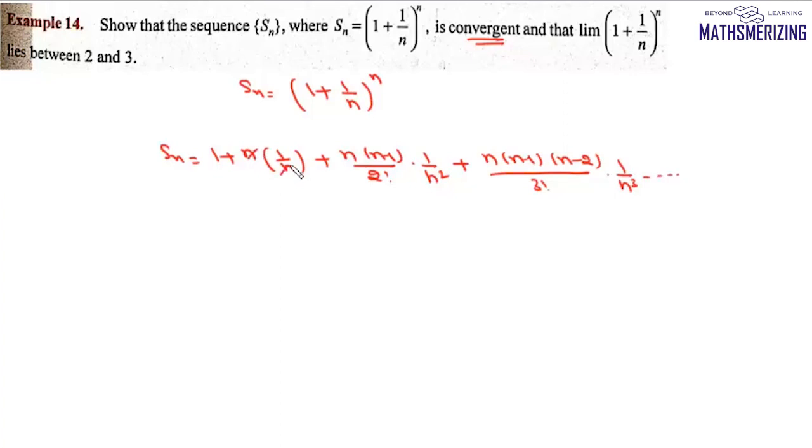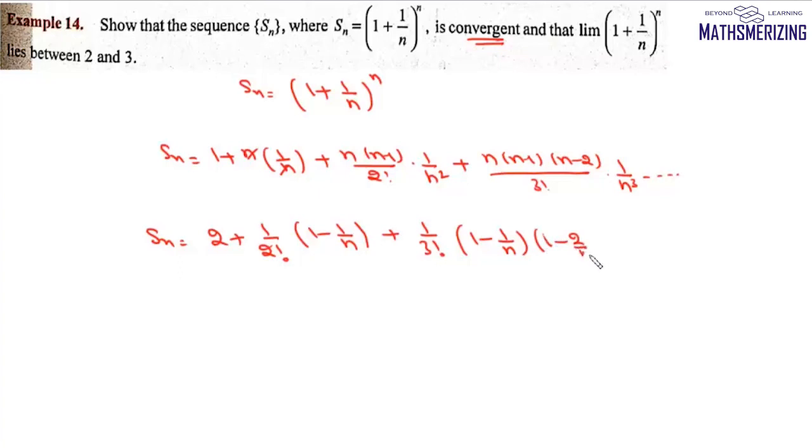Now here n and n will cancel. So we can write this Sn as 2 plus 1 upon factorial 2 into (1 minus 1 by n) plus 1 upon factorial 3 into (1 minus 1 by n)(1 minus 2 by n), and then the sequence continues.